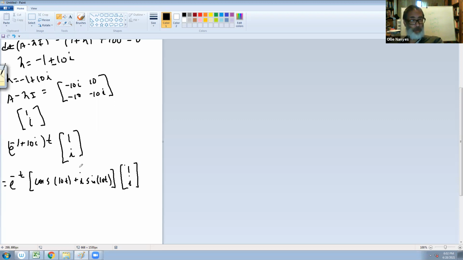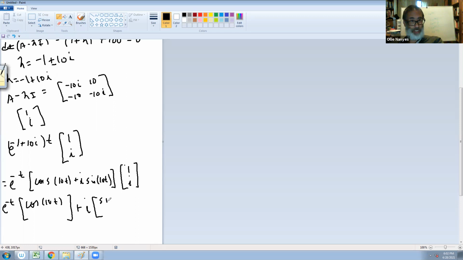Now what I'm going to do is I'm going to do this multiplication. I'm going to keep the e to the minus t outside. Then if you multiply the x coordinate, you get a cosine of 10t. Then I'm going to go ahead and write this as real and imaginary parts.